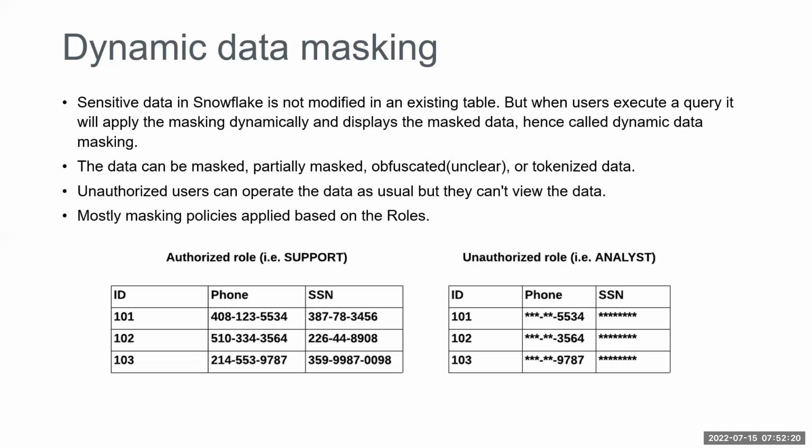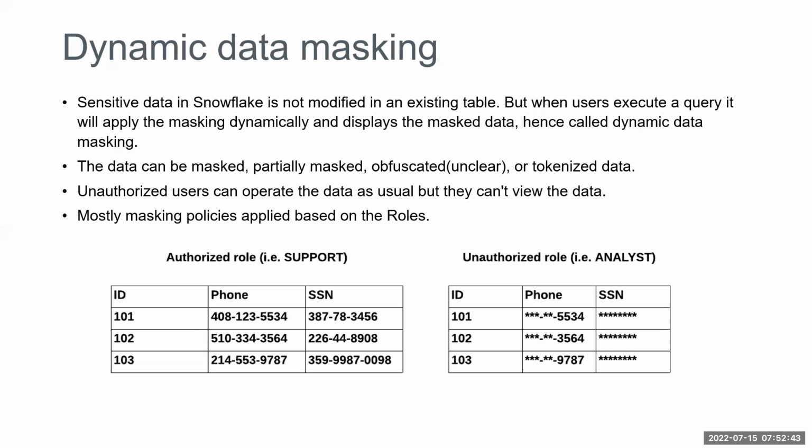But he cannot see whatever hidden data is there. He knows only one phone number and he is filtering the data on that phone number, so the filter condition will work. That means he can operate on the data because in the storage layer it is stored as usual, but unauthorized users cannot view the data.